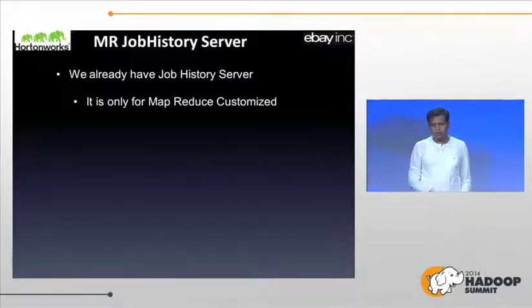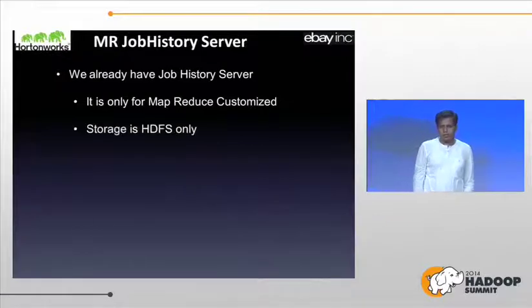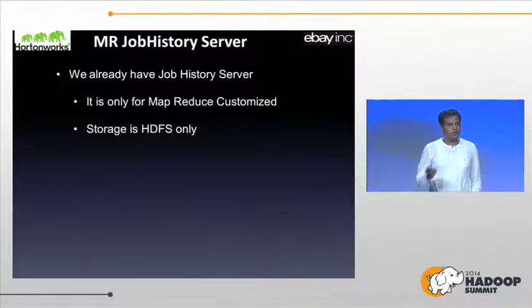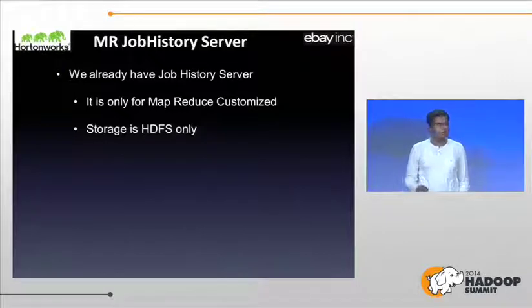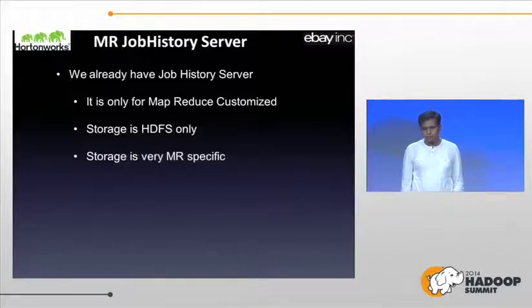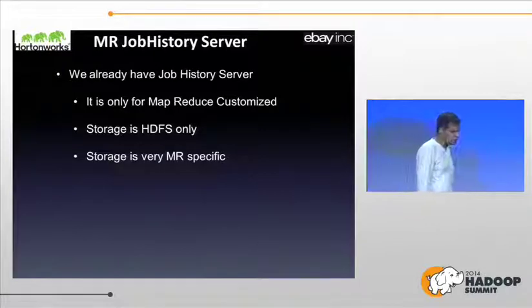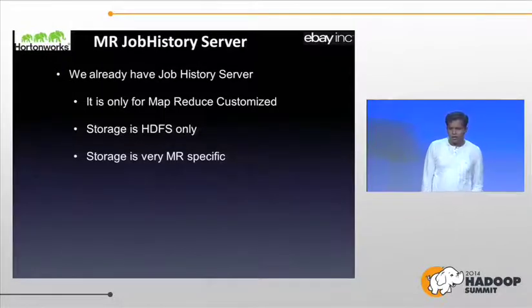So if you are running only MapReduce, this is good. You don't need anything else. The storage is HDFS only. Whenever the MapReduce job finishes, you store its historical data on HDFS. You don't need anything other than HDFS if you're just using MapReduce, and for MapReduce jobs it scales well.